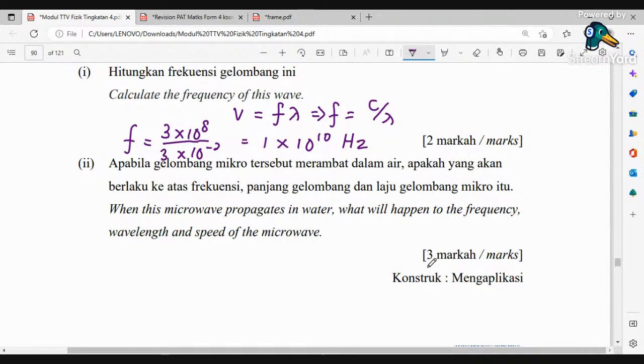Okay, remember electromagnetic waves always travel at a speed of 3 times 10 power 8 meter per second.